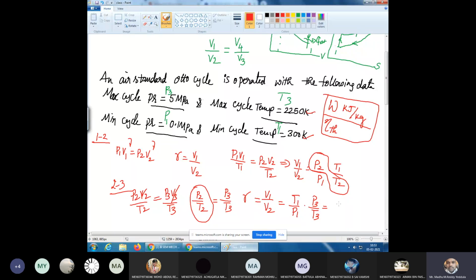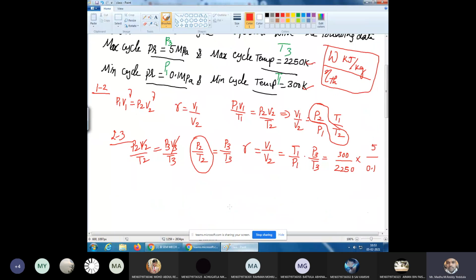So if you substitute, T1 equals 300 divided by T3 equals 2250, into P3, the maximum pressure, 5 bar, divided by the minimum pressure, 0.1 megapascal. Simplify and tell me this value. That is the compression ratio. All of you open the calculator.